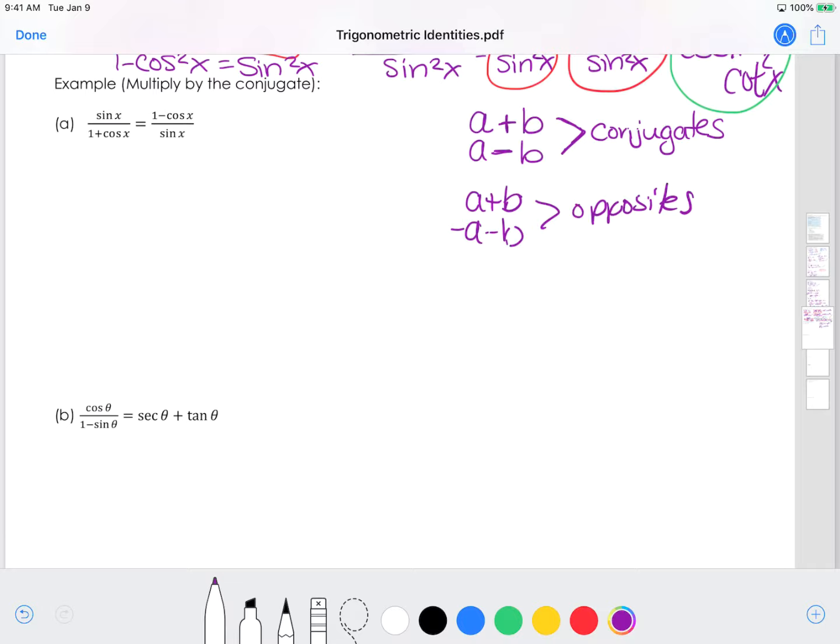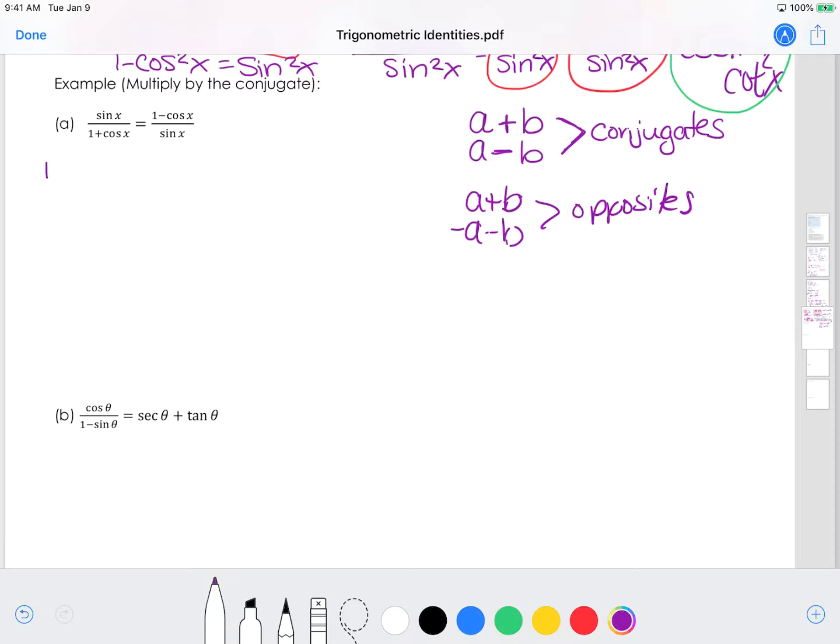So, for example, in A, I'm going to take the left-hand side and I'm going to multiply the top and the bottom by the conjugate of 1 plus cosine x. And the conjugate of 1 plus cosine x is if I just switch that middle sign. So the conjugate would be 1 minus cosine x.